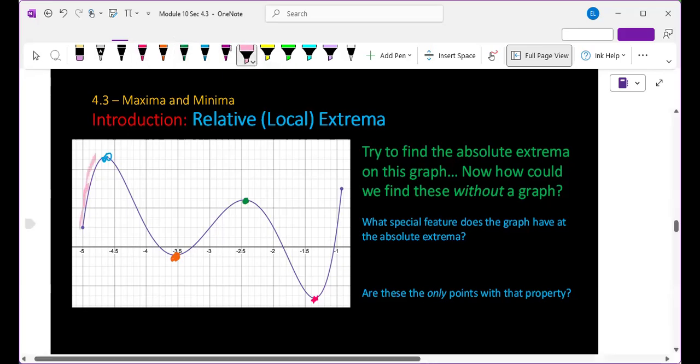So uphill slope, downhill slope, flattens out slope.